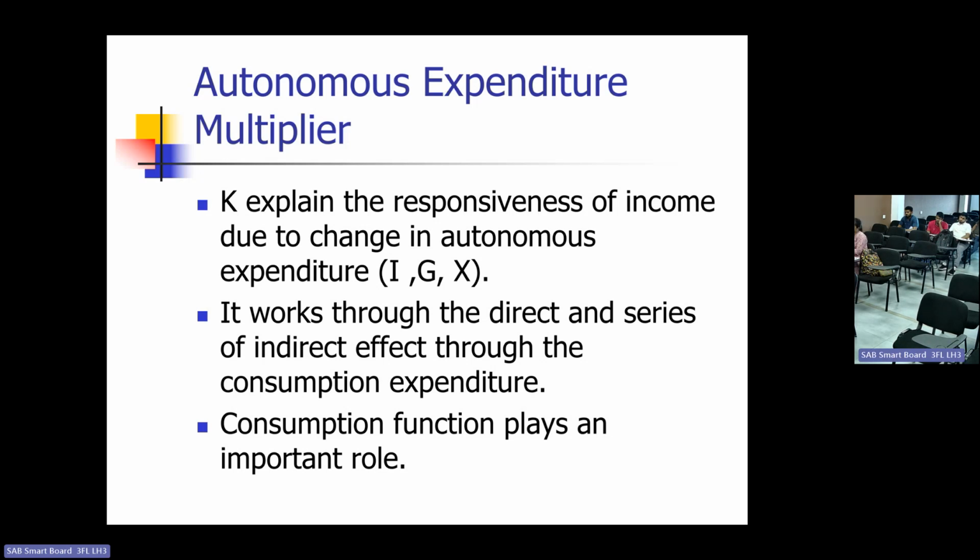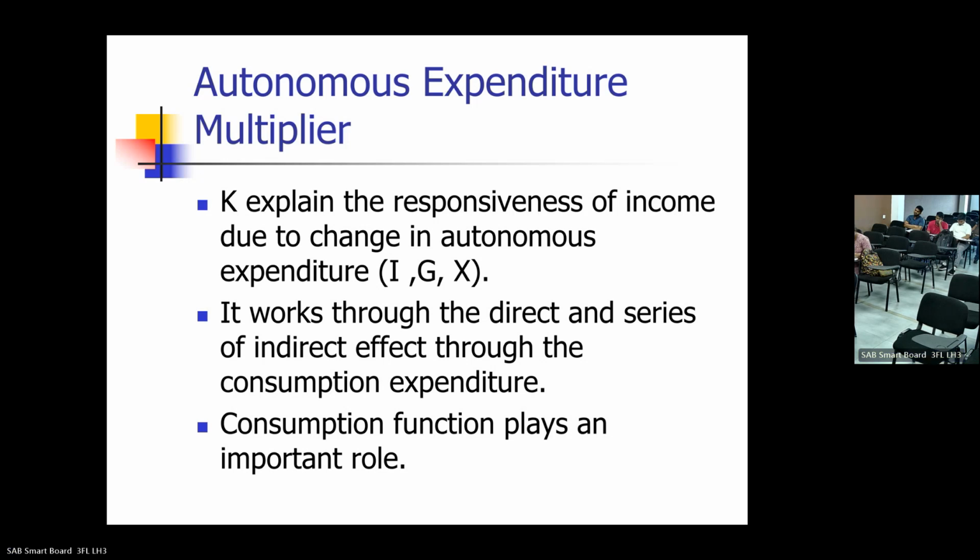The autonomous expenditure variables here are investment, government expenditure, exports and imports. We can derive the multipliers, and also the tax multipliers as well, for changes in taxes and so on.